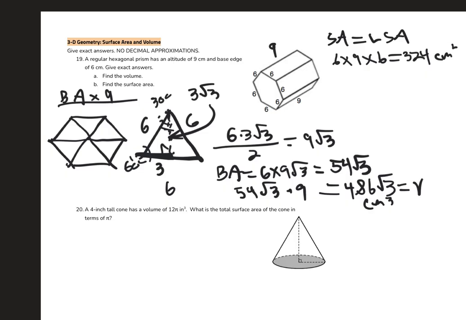And then the two bases, each 54 root 3, is going to give us 108 root 3. So we're going to get 54 root 3 plus 54 root 3, 108 root 3, plus 324, and that is, again, in units of centimeters squared. Okay, so that's our surface area.